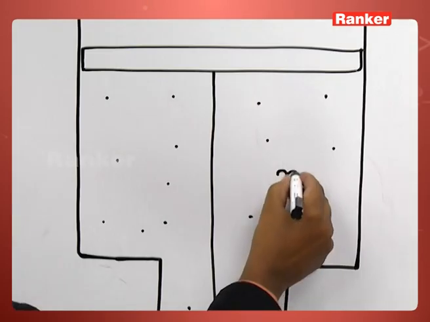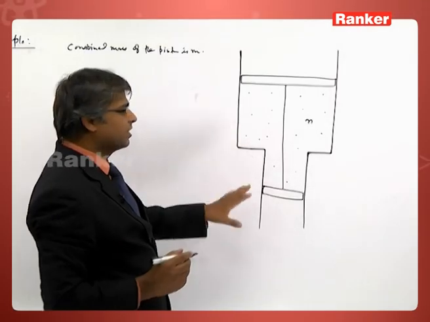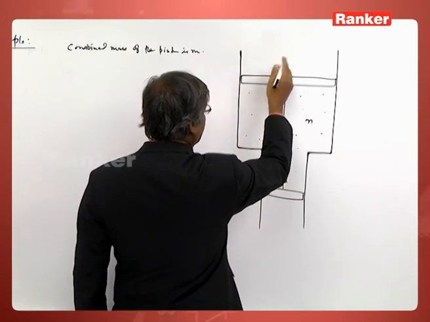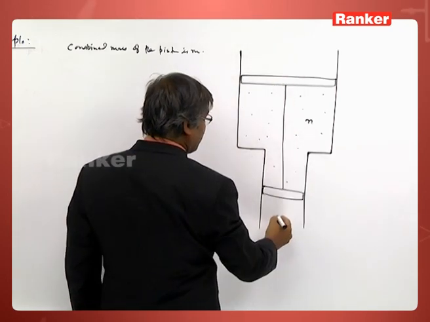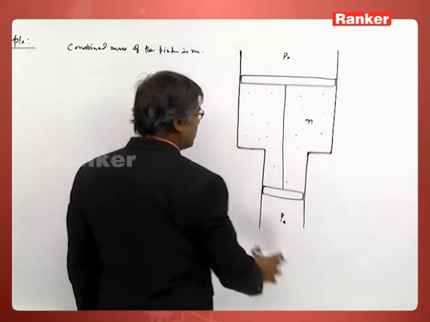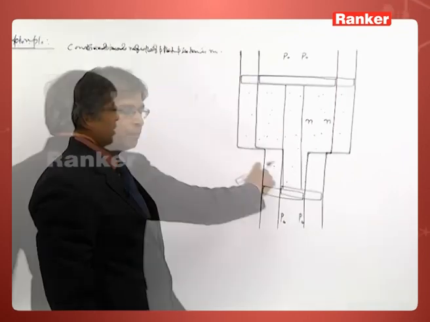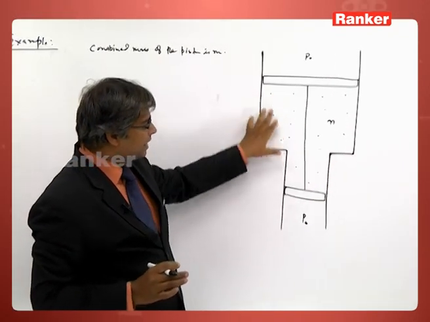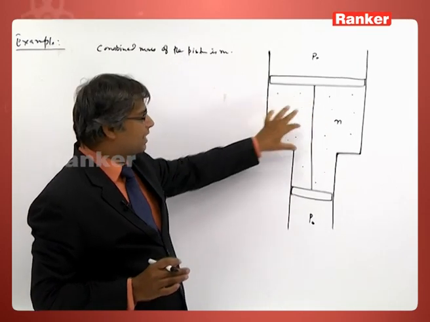Inside there are n moles of ideal gas, and outside we have atmospheric pressure P naught. This vessel is open, so it is not a diathermic wall. We are going to increase the temperature of this gas.